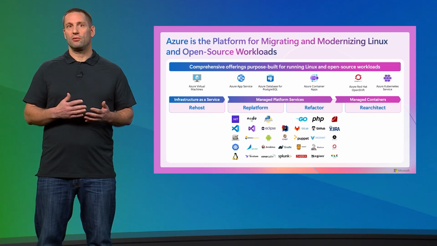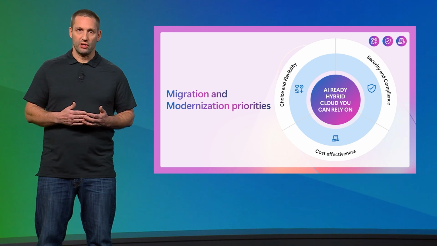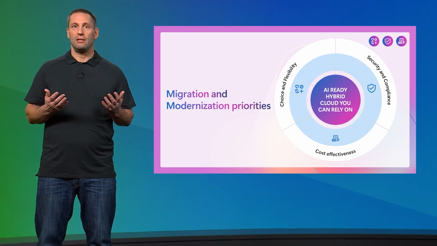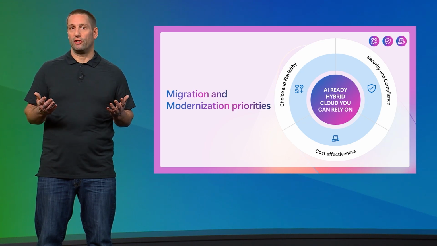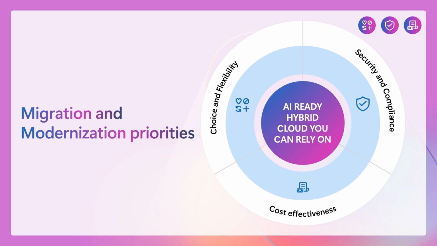When we talk to customers about their needs for running business-critical workloads, there are 3 main themes that come up over and over. First, comprehensive infrastructure that delivers choice and flexibility and that can grow as they grow. Second, security and compliance is often the top concern for customers and can be a barrier to cloud adoption.